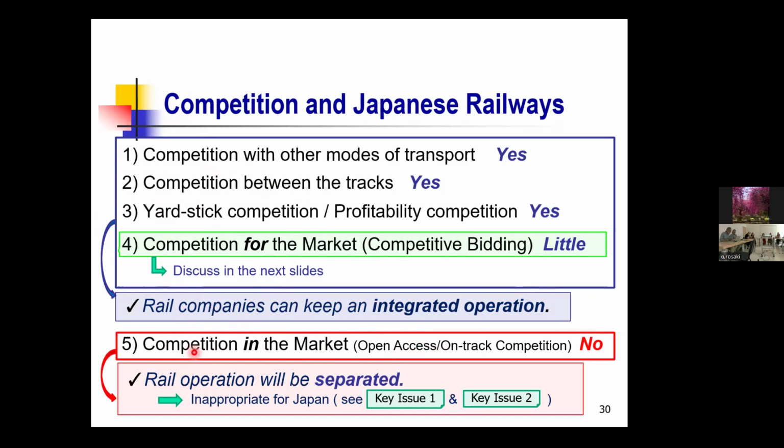In other words, on-track competition or competition in the market. As I explained, when we try to introduce open access competition, railway operation must be separated. So this will change the characteristic of Japanese integrated operation largely. When we consider the background in EU policies, this looks inappropriate for the Japanese railway sector.